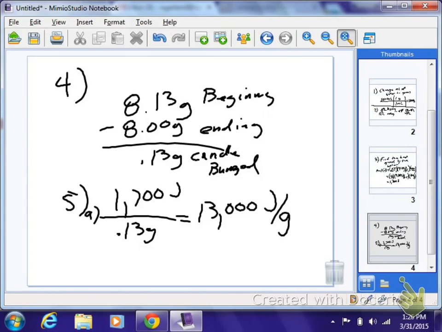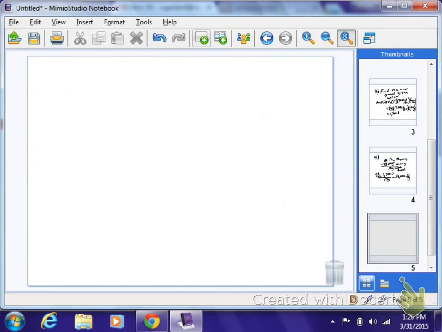Okay? Then in B, we would use this conversion to change it into kilojoules, because we don't want to deal with such big numbers, 13,000. We want to reduce that a little bit. So in B, we would take that 13,000 joules per gram. We haven't got the kilojoules yet.